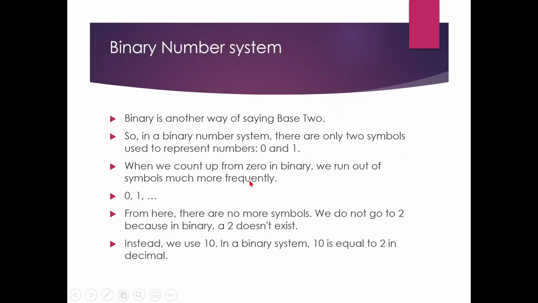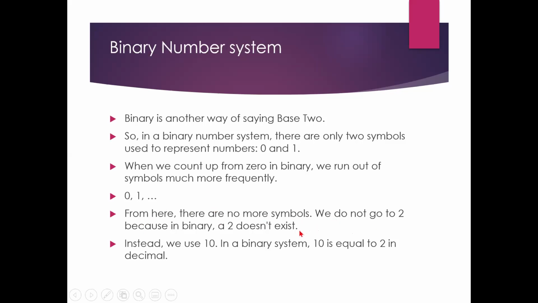In the decimal number system, we have 10 different symbols, so up to 10 quantities we can use these symbols. If you want to represent any quantity higher than the last number, you have to go for a 2-digit number. But in the binary number system, since there are only 2 symbols, very frequently we run short of symbols. So we need to go for the next digit placement.